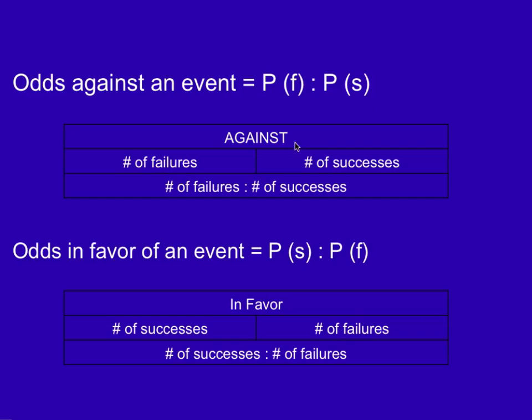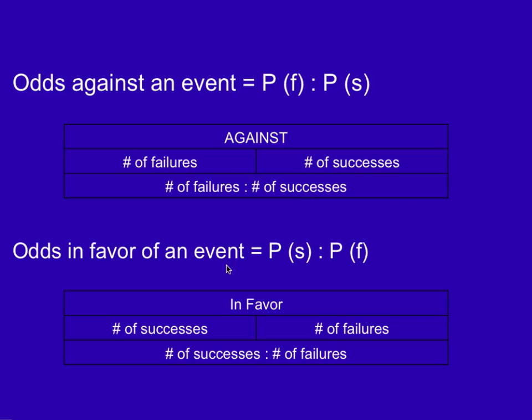The way we can find this is to find the number of failures and put it with the number of successes. So how many times does the event fail to occur compared to the number of times the event actually occurs? So it's failure to success.